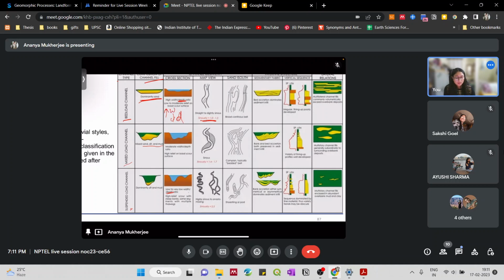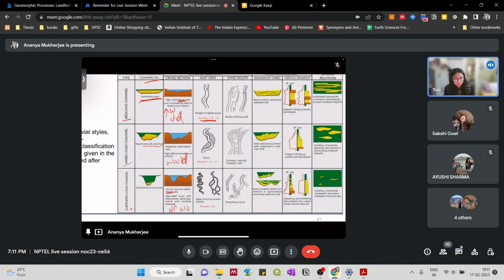In the mixed load channel, it is in the middle, so the width is almost equal to the depth of the channel. Over here you can see that the depth is higher and the width is smaller.